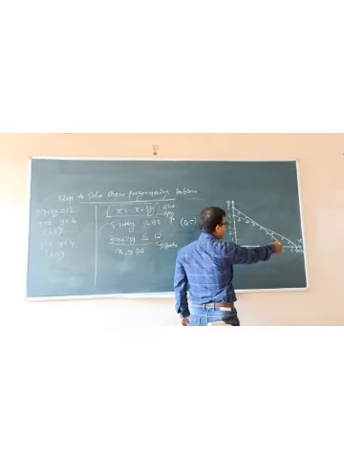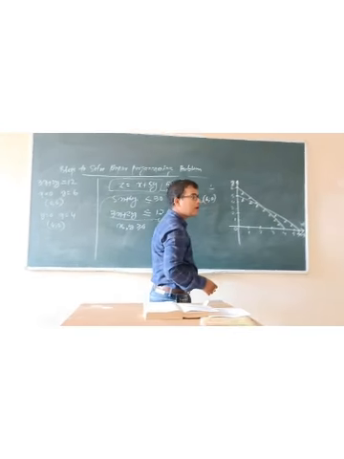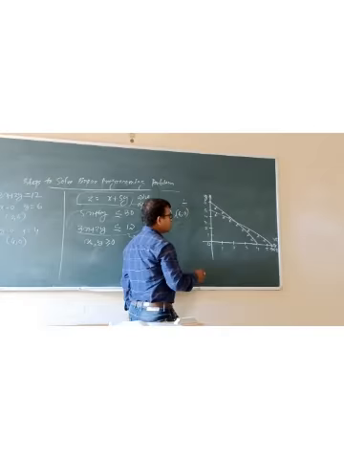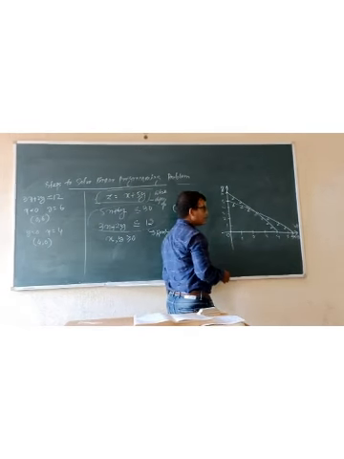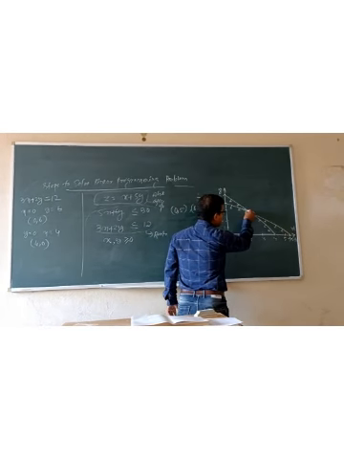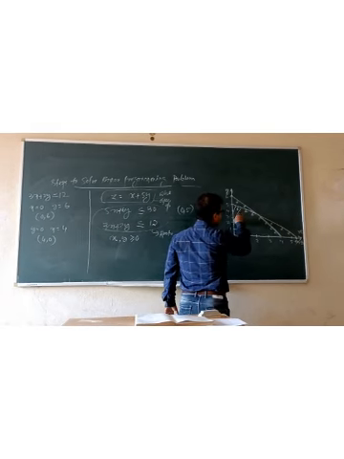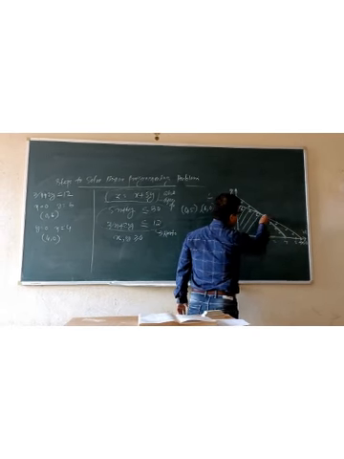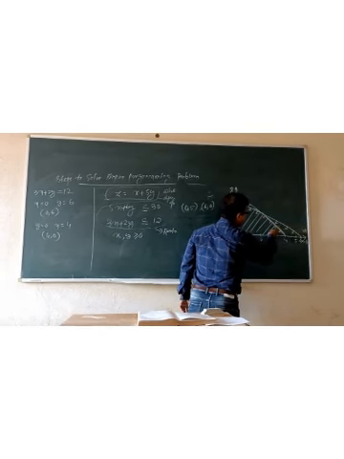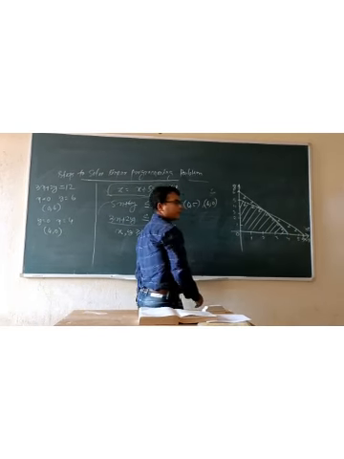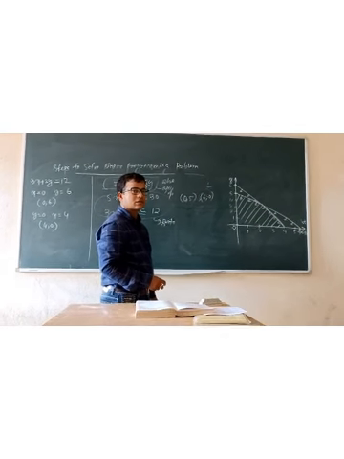So in between the two graphs, which one is the common region? This region is known as the common region. This is common for both the regions.